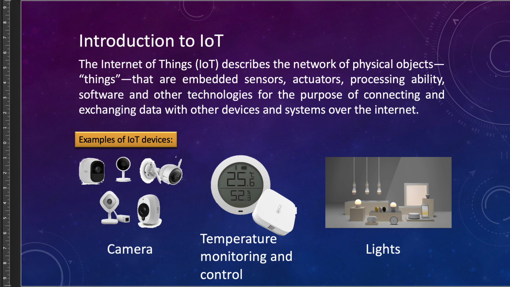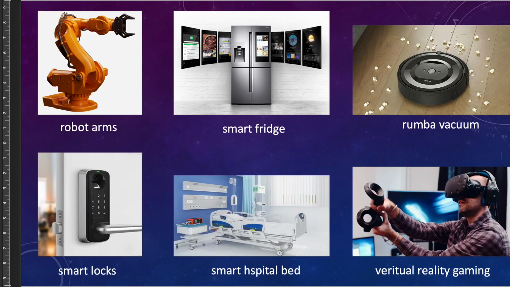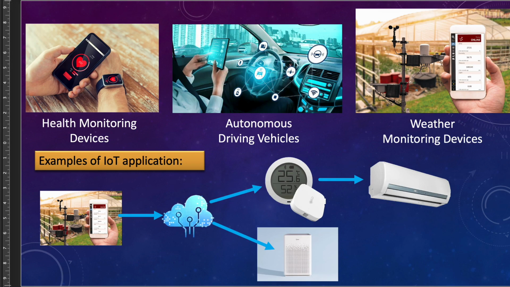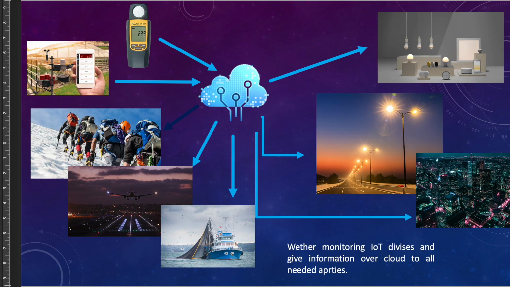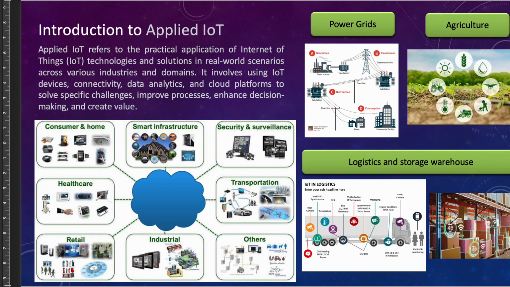That is the general definition of IoT, right? Then we talked about different examples of IoT devices, from cameras to temperature sensors, lights, robotic arms, hospitals, and so forth. Then we looked at applications of them. In the last lecture, we looked at videos of how these IoT devices are being applied, right?